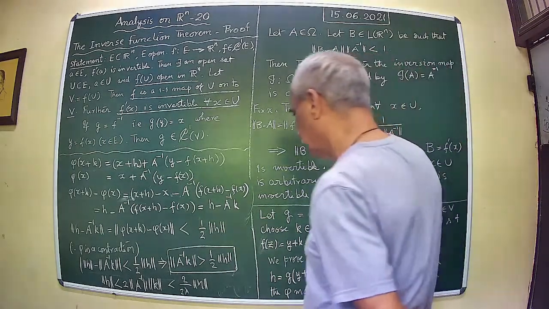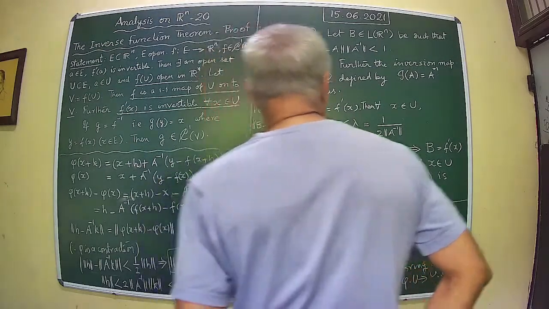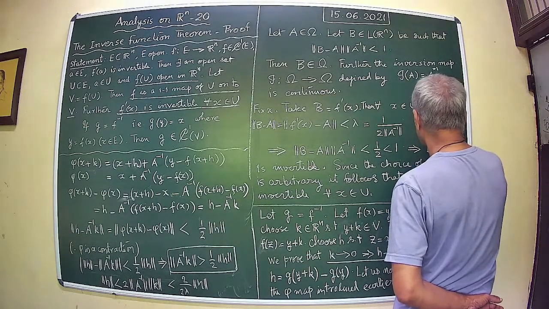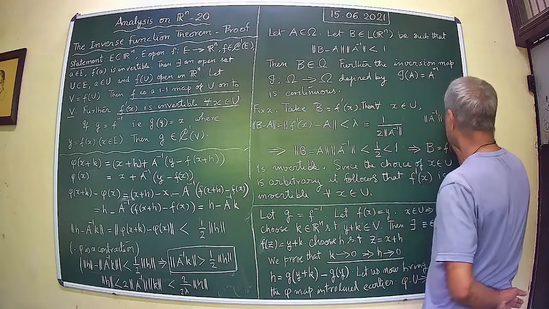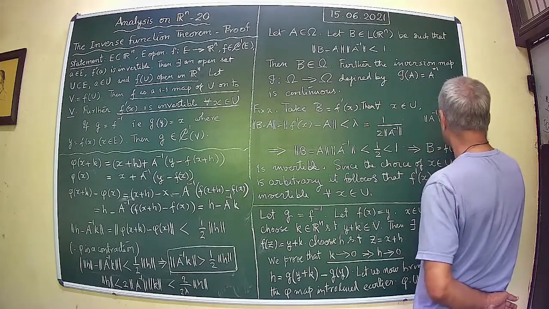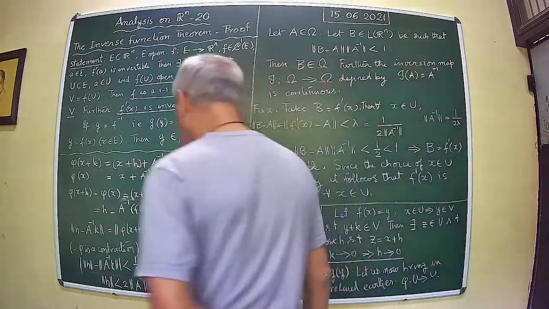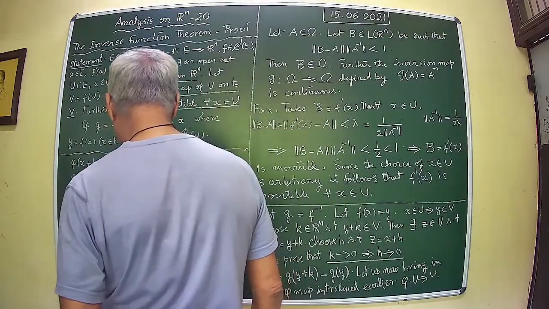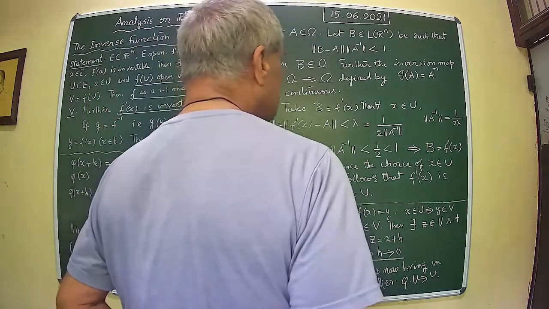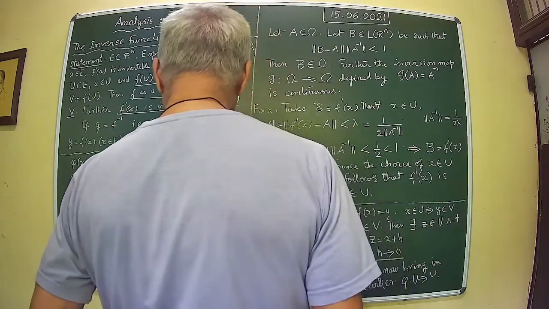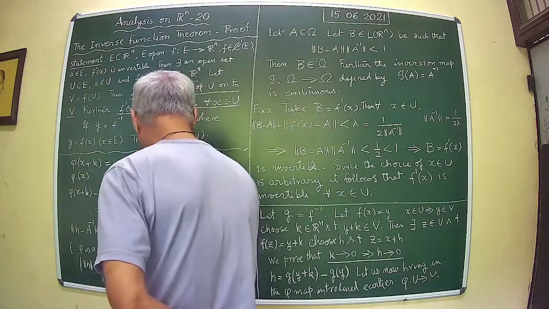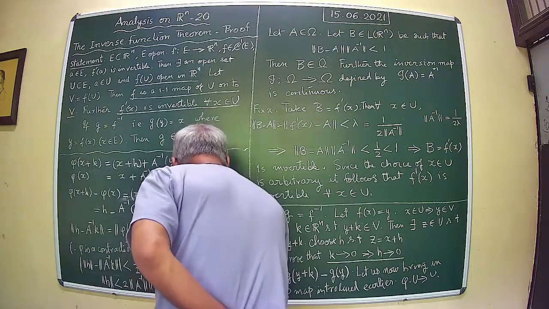Okay. So what do you get from here? Therefore, we get 1 by 2, twice this, so you get this.